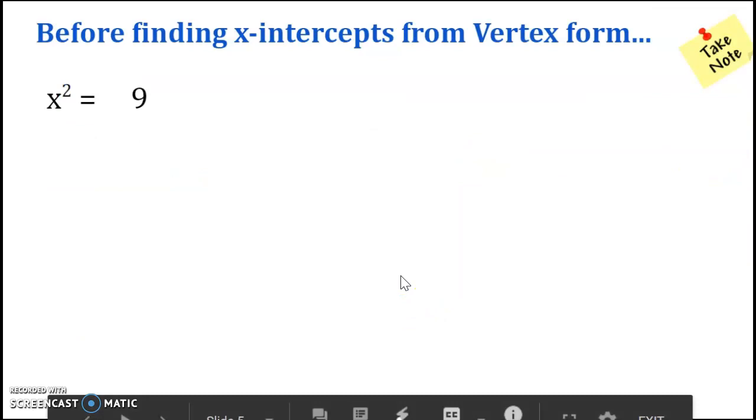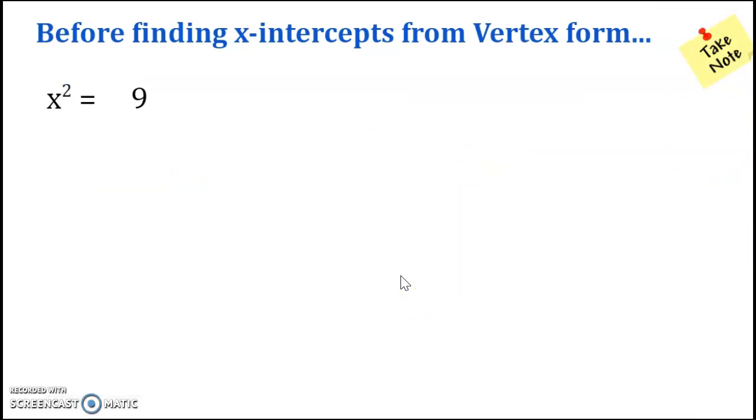Alright, so then let's extend that a little further. What about if I gave you this problem, x squared is equal to 9, and I asked you to solve? What does that mean? That means you're looking for the value of x that makes this equation true. What two numbers multiplied to itself twice will give 9?